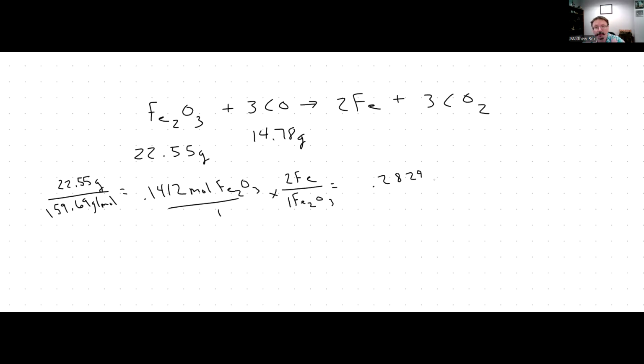We're going to do the same for this carbon monoxide. 14.78 grams of that divided by its molar mass, 28 grams per mole.